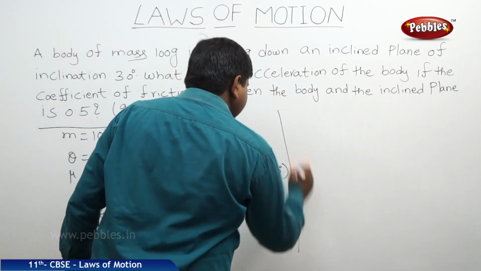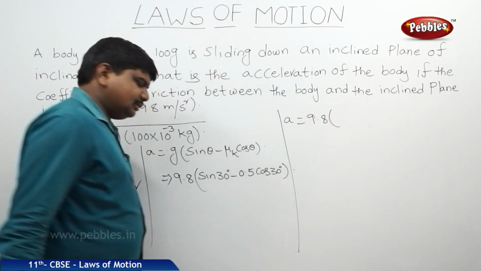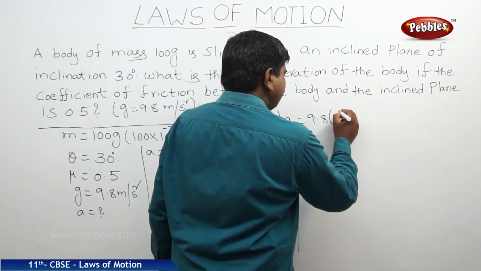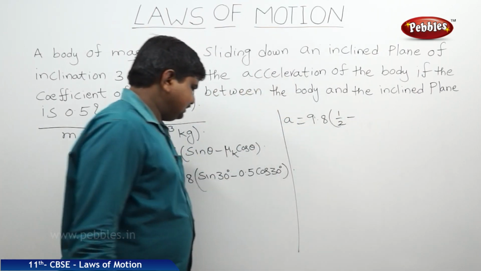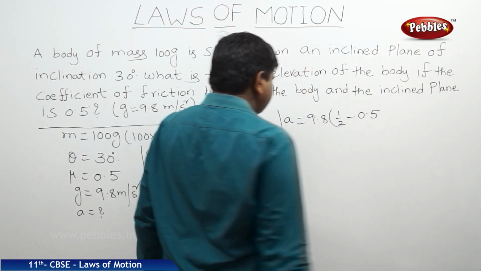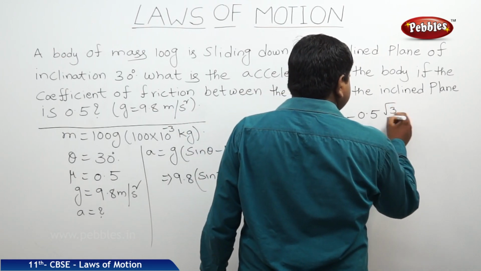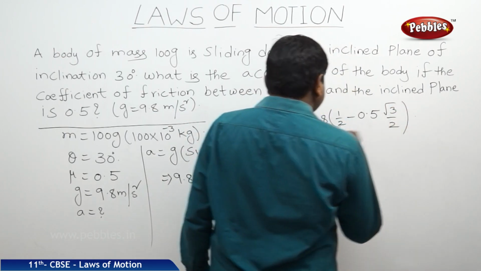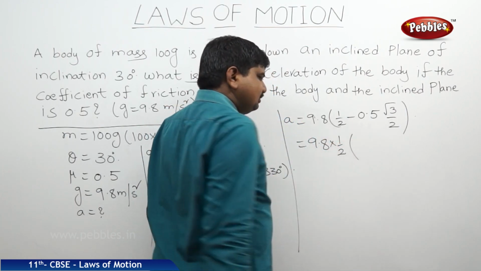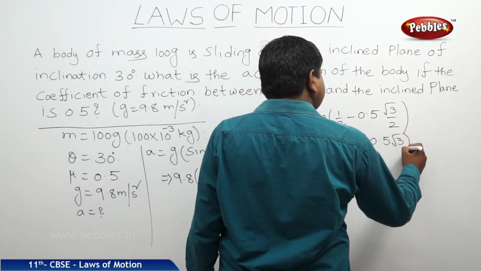So a is equal to 9.8 into sin 30. Sin 30 is 1 by 2, minus 0.5 into cos 30, which is root 3 by 2. So 9.8 into, if I take 1 by 2 as common, 1 minus 0.5 root 3.